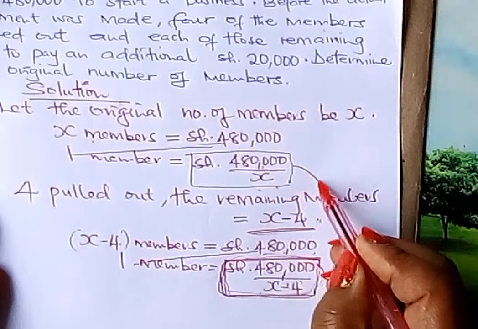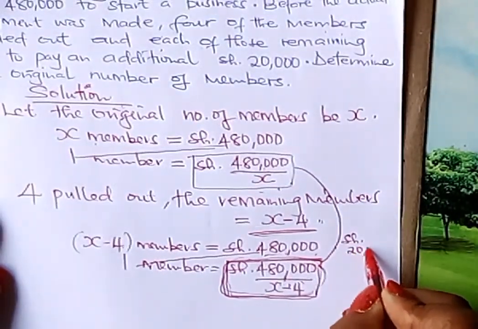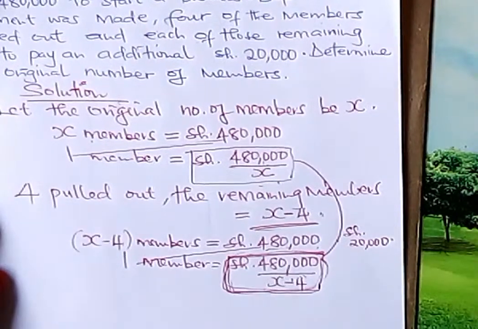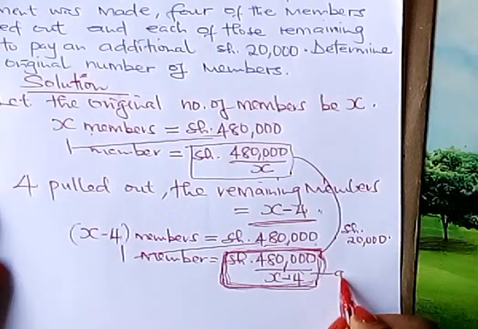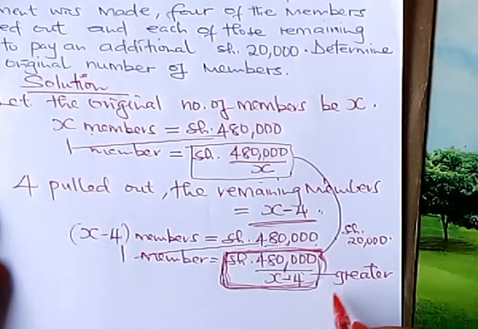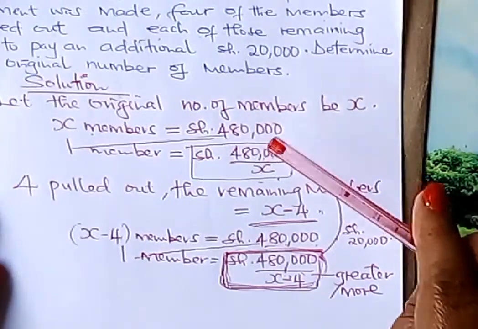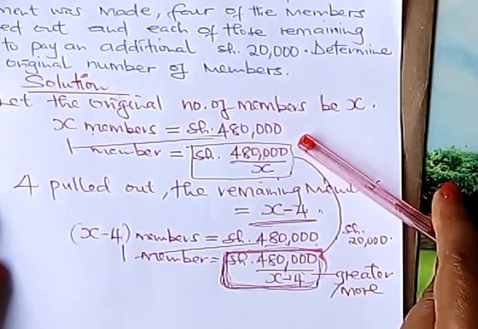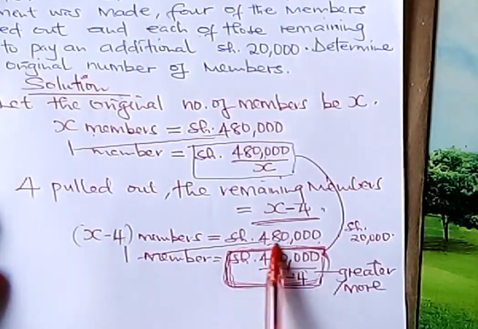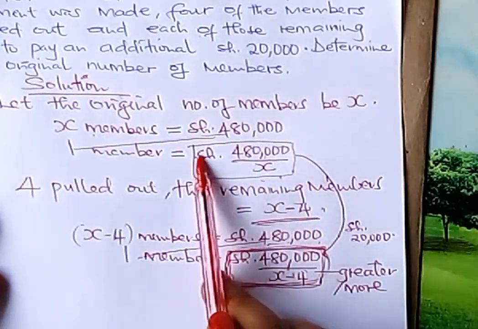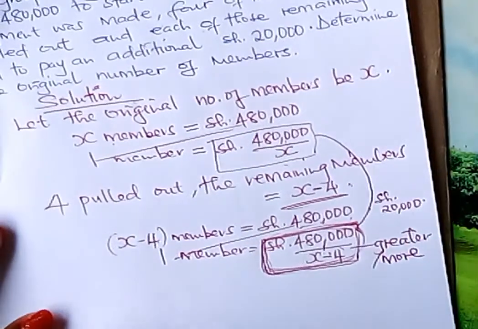So the difference between these two amounts is shillings 20,000. And remember, this amount is greater than the original amount that would have been contributed by each member. So if you take the bigger amount and subtract the lower amount, you should get 20,000 as the difference.